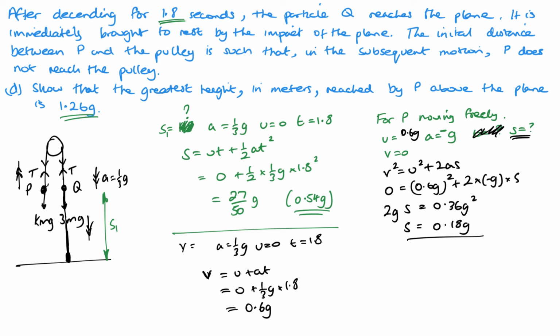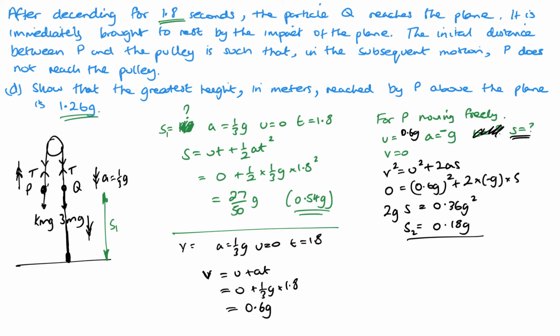Now I've got all the information that I need. And now all I have to do is think of it logically. So if Q moved this distance of s1 here, and let's call the other distance s2. If Q moved s1, then P would have moved s1 up. So if Q's moved down s1, which is the 0.54 g, P has moved 0.54 g up. And then it's carried on up another 0.18.